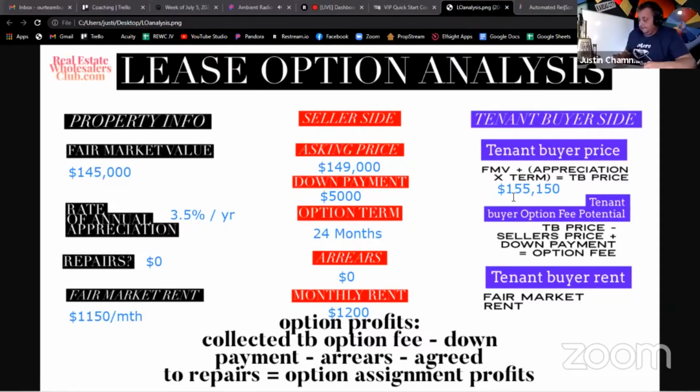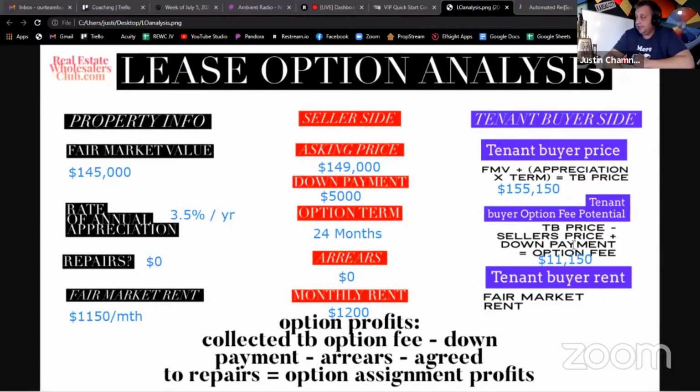6,150. Then we're going to add the down payment of $5,000 that we owe the seller in the middle column. So I'm going to add $5,000, and that equals $11,150. That is the potential down payment that we can ask for from a tenant buyer.